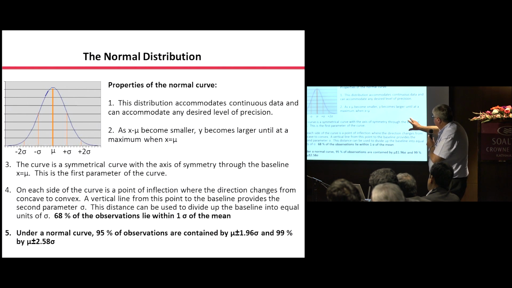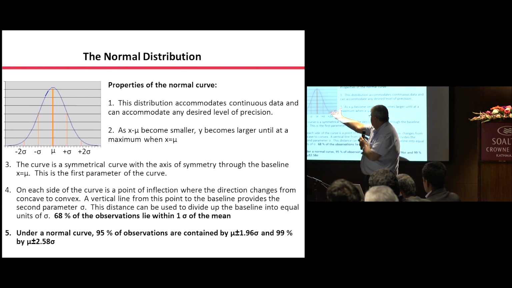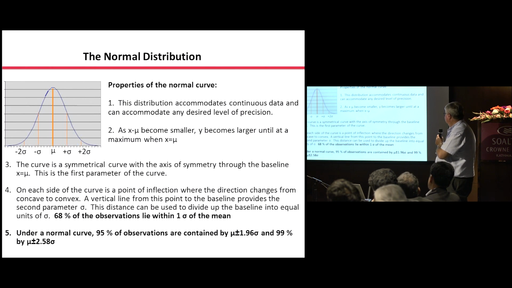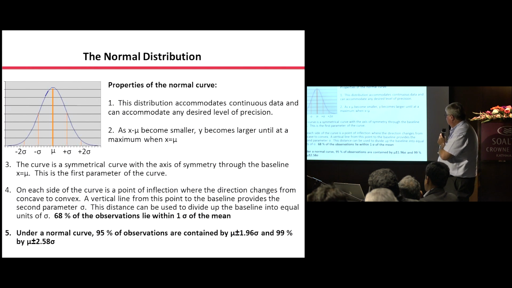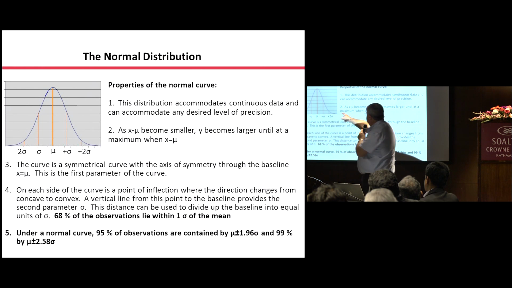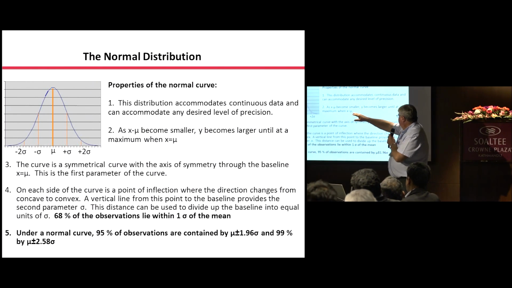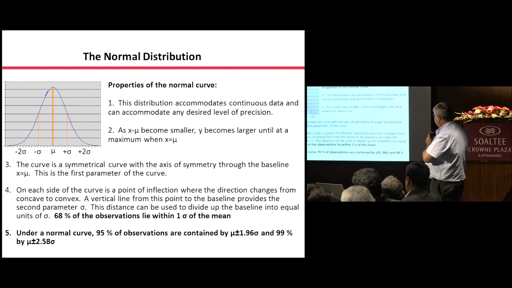It's a curve that's symmetrical around the mean, okay? And on each side of the curve is an inflection point where direction changes from concave to convex, and a vertical line from this point to the baseline provides the second parameter, which is in fact your variation, or your variance, or your standard deviation.